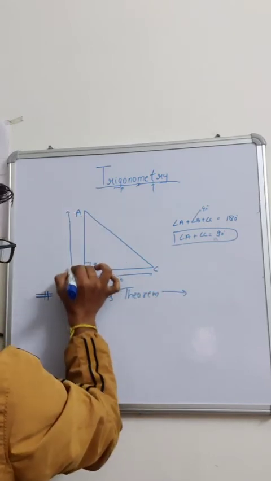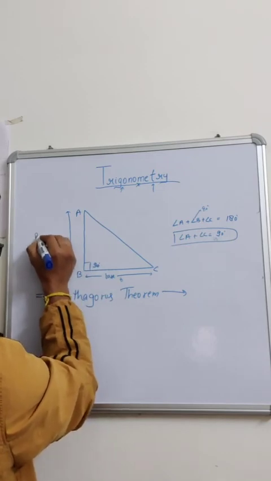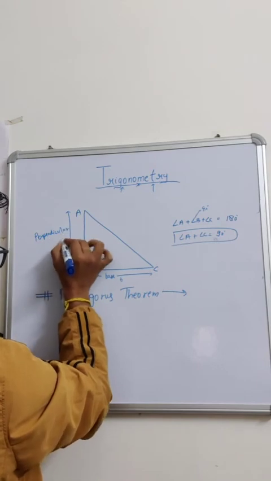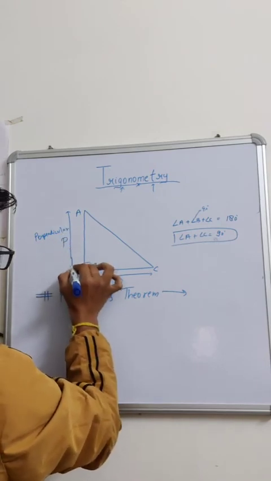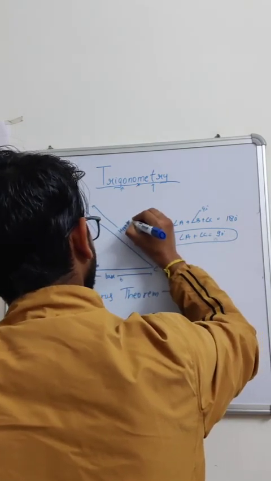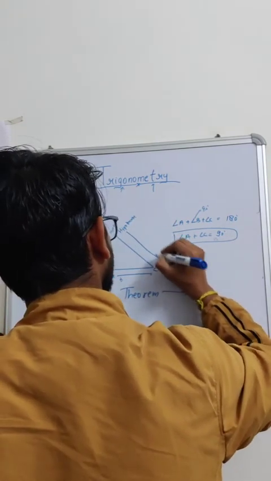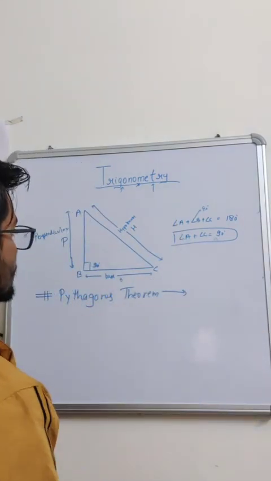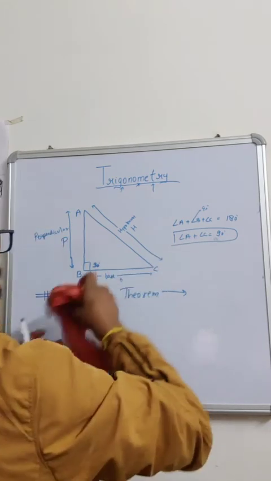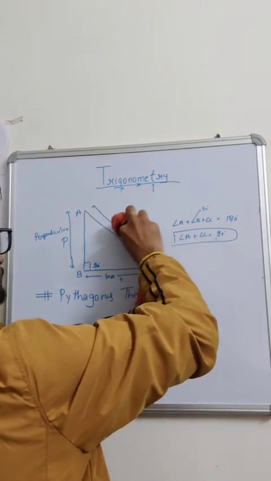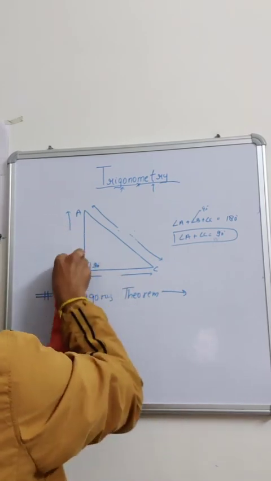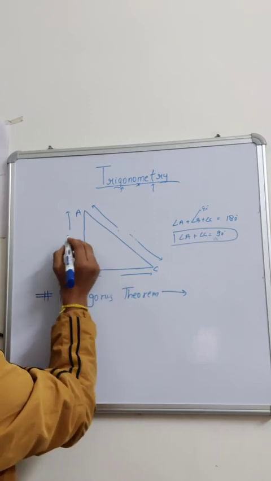This is the perpendicular, giving the name P, length P, and this is the hypotenuse, H. I will write only the short form so that it will be easily visible.